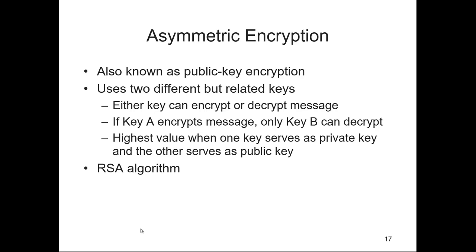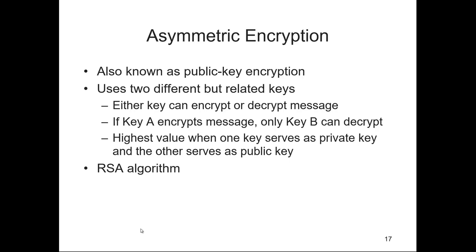The public key is stored in a public location where anyone can use it. The private key, as its name suggests, is a secret known only to the owner of the key pair. The problem with asymmetric encryption is that it requires 4 keys to hold a single conversation between two parties.